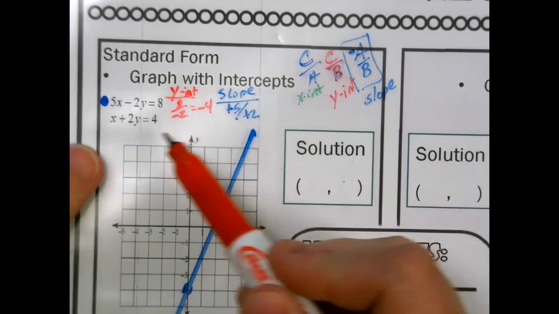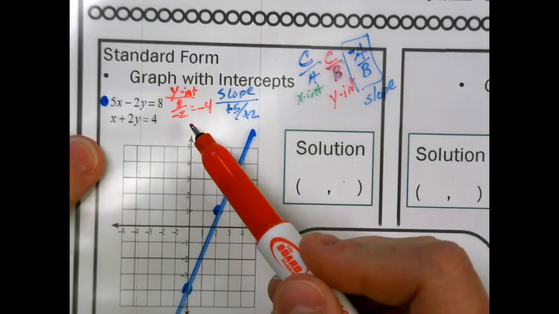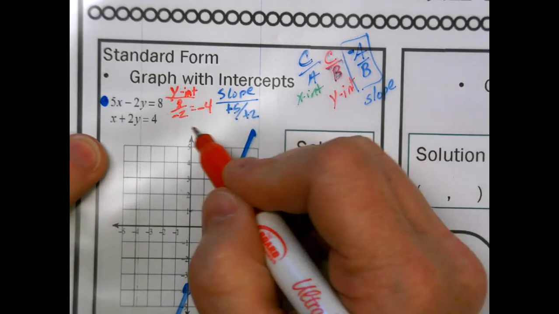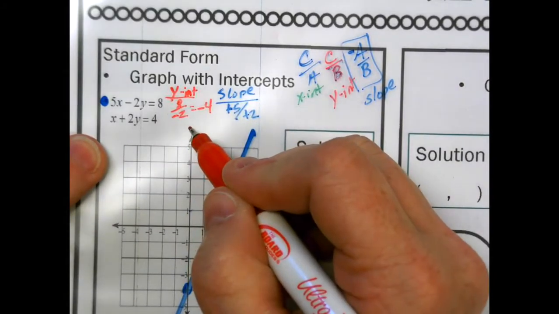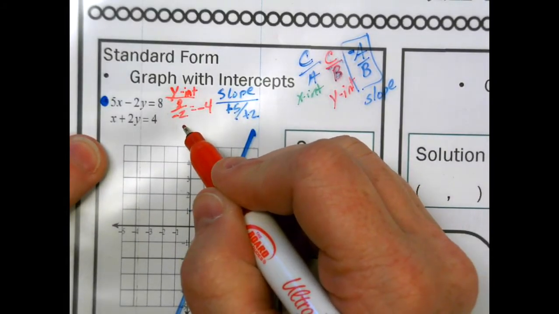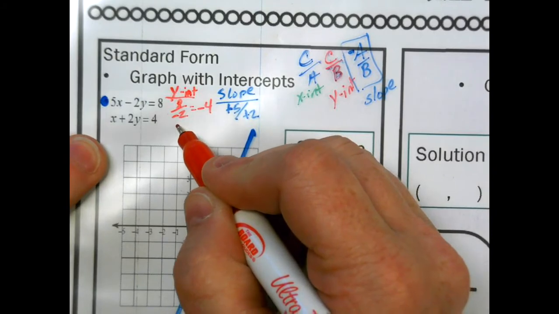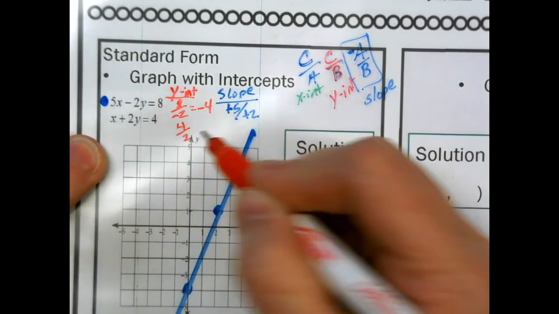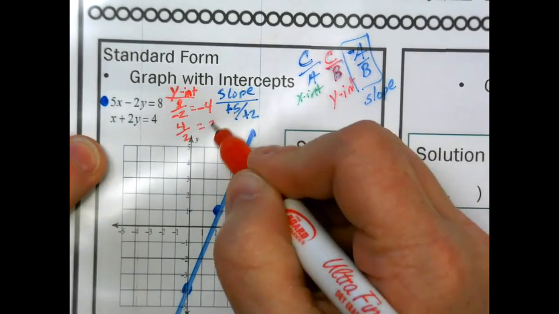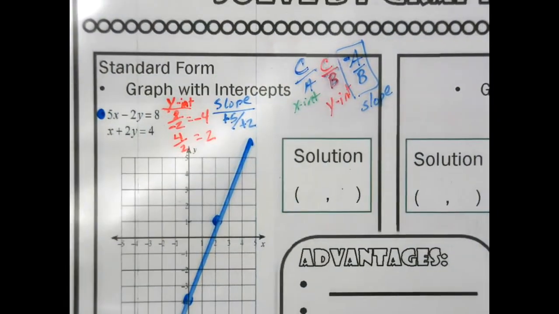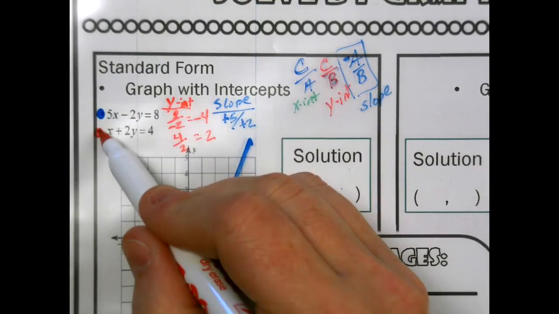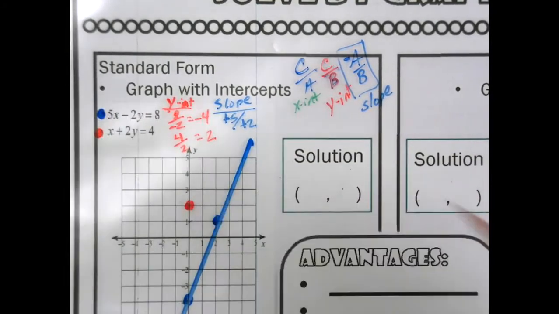So right here, my y-intercept is C over the number in front of the y. So 4 over 2, which is 2. I'm going to graph this line red. So positive 2 is my y-intercept.